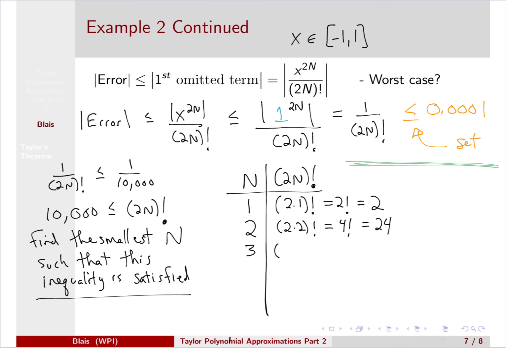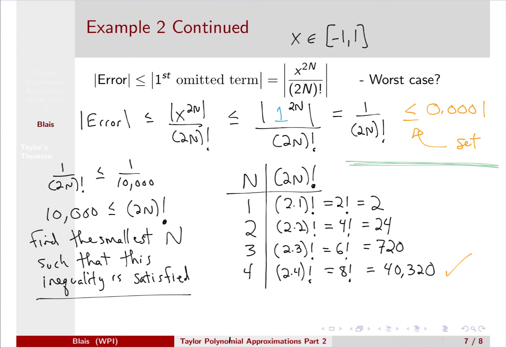When n is 3, we have 2 times 3 factorial, or 6 factorial, which is 720. And if n is 4, we have 2 times 4 factorial, or 8 factorial, which is 40,320. And we notice we have what we want when n is 4.